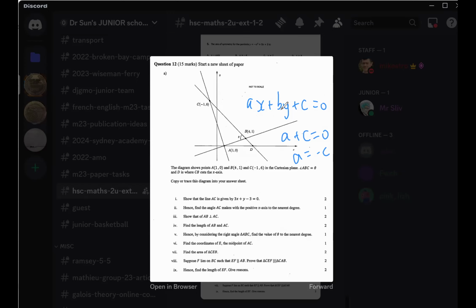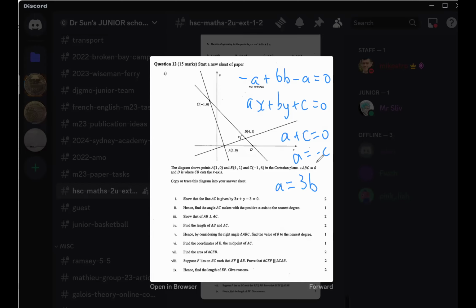minus 1, 6. Okay, so then you sub in minus 1, 6, you get minus a plus 6b. And then c is also minus a, right? Equals 0. So you get 2a equals 6b, or a equals 3b.